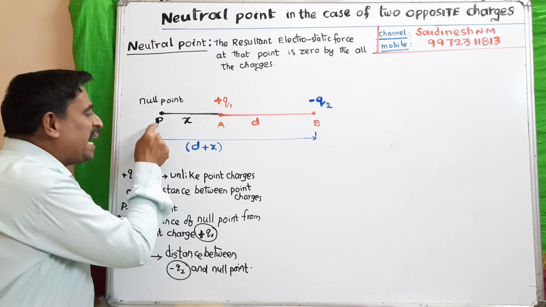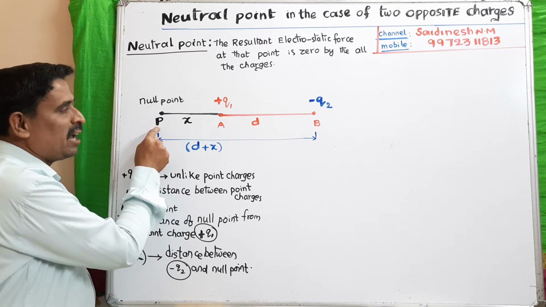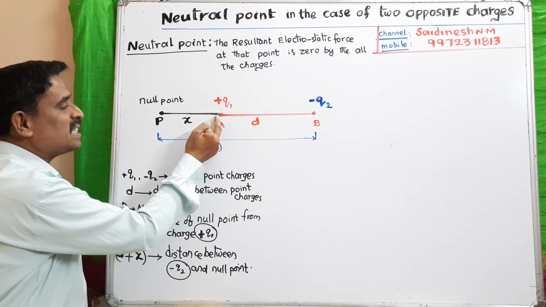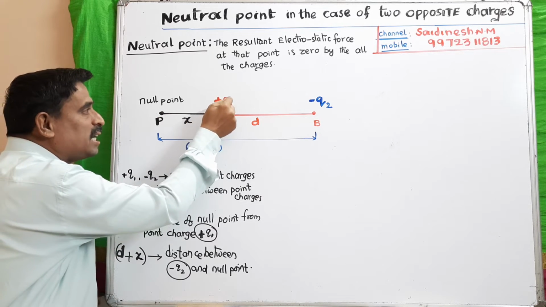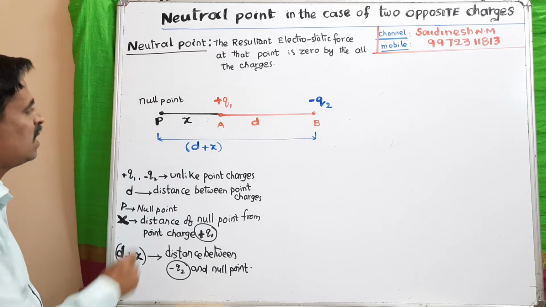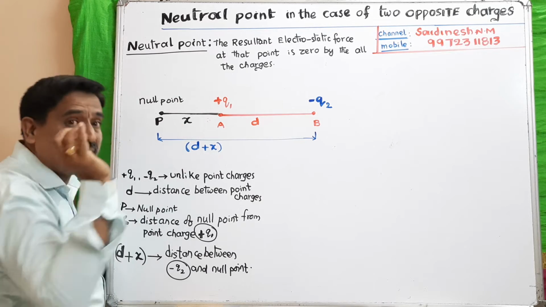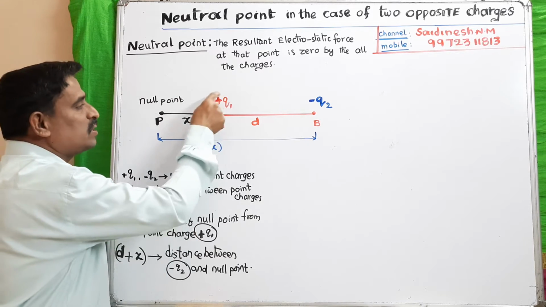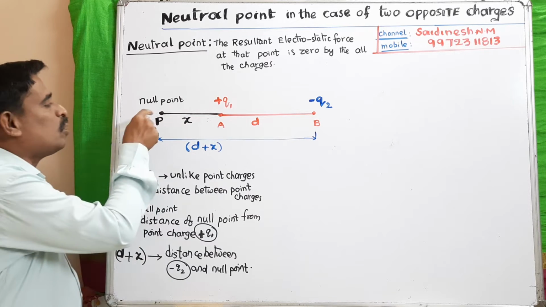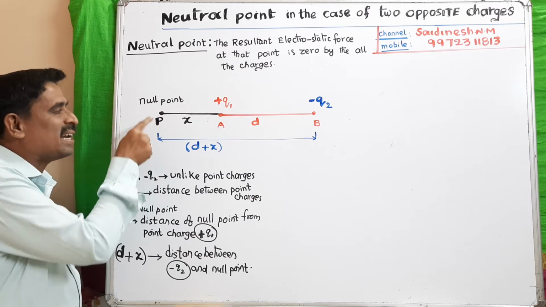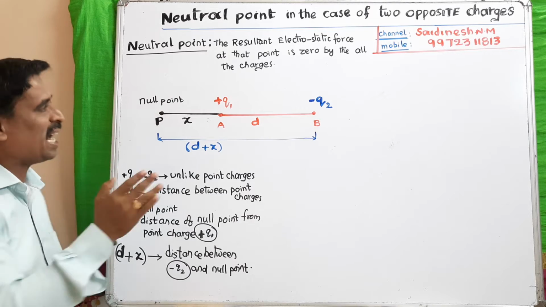Suppose P is the null point which is at a distance of x from the first positive point charge. X is the distance between the charge Q1 and the null point. Suppose at this point we are getting the null point or not, we will check.